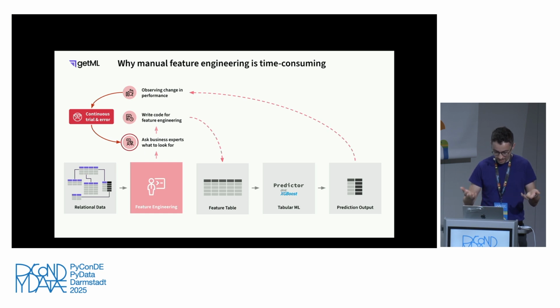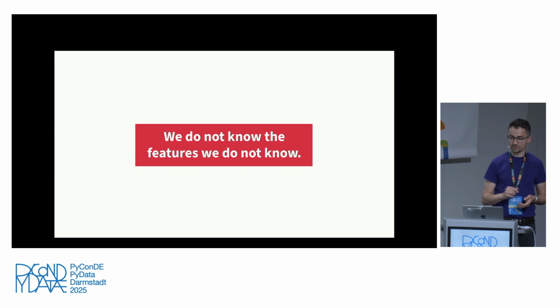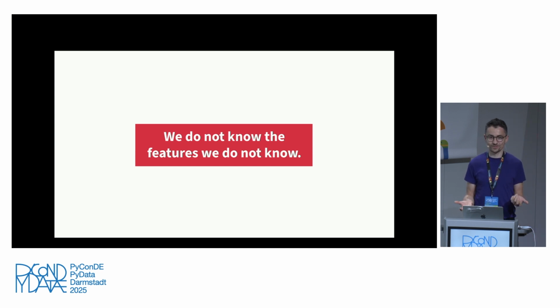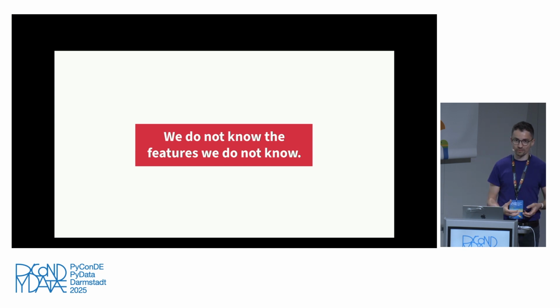And again, if this is not motivation enough to think about automating the problem of feature engineering, there is also this topic that we don't know the features that we don't know. So we can always ask for business expertise, put it into our models, put that into our features.